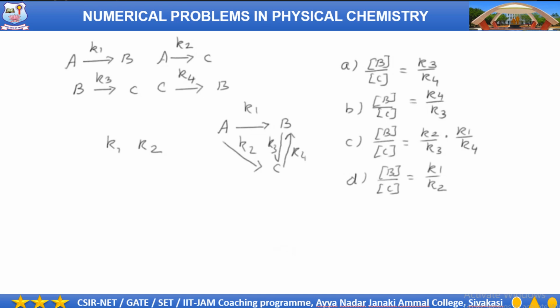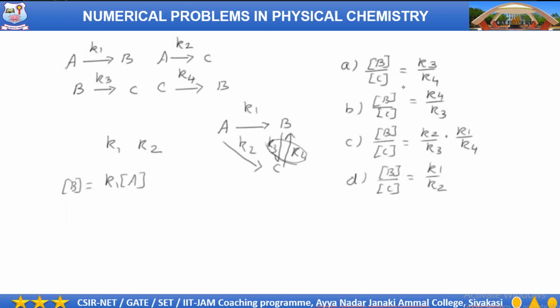Here what is asked? What is the concentration of B and C at time t? The concentration of B formation is due to K1. What is the concentration of B formation? It is equal to K1 into A. K1 is lower, K2 is also lower, 1000 times lower.